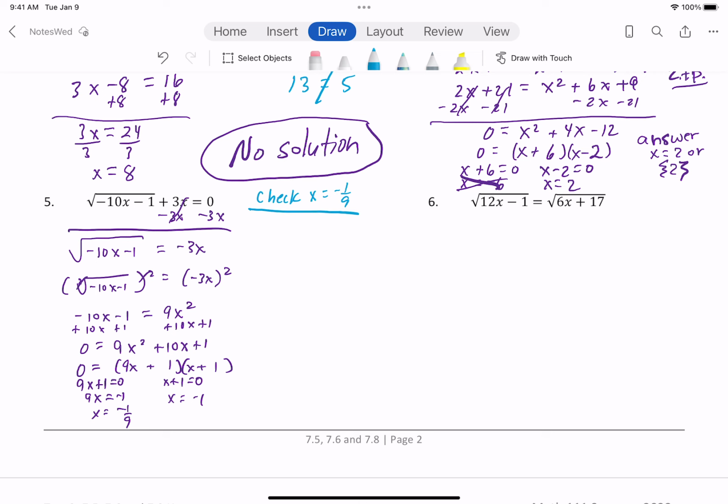So hopefully you've learned me well enough by now that if there is something like this on the test, there certainly won't be a lot. I try not to overload on the hardest of the problems. But if we want to check x equals -1/9, remember we can certainly make use of our calculator? I most certainly would.